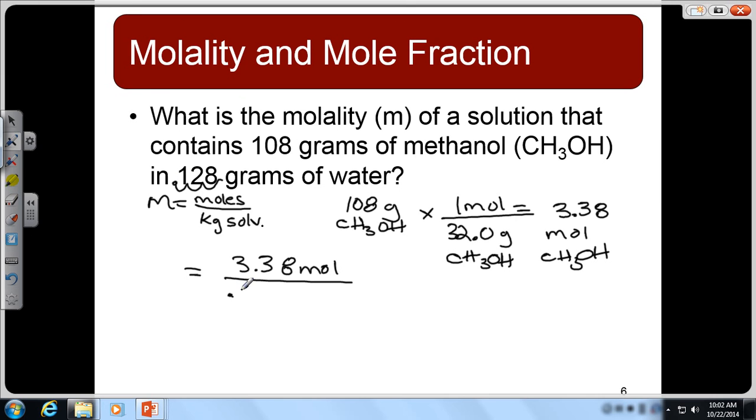So you get 0.128 kilograms. So our final answer is not just 26.4, it's 26.4 little m for molality of a methanol solution.